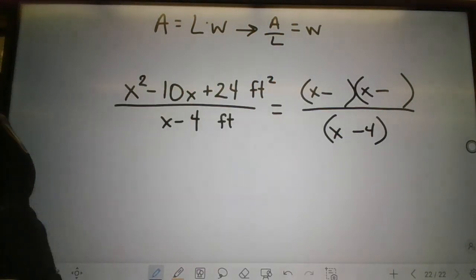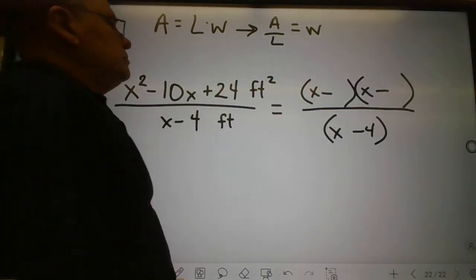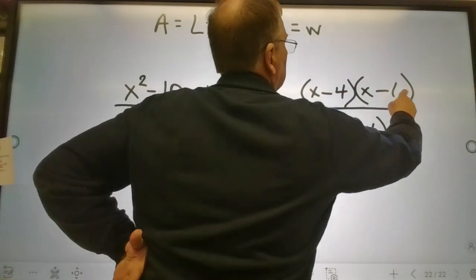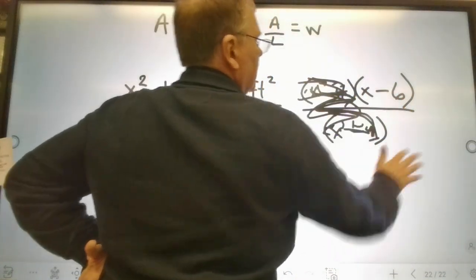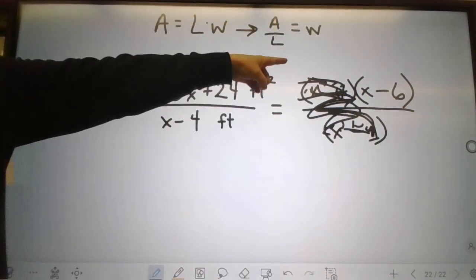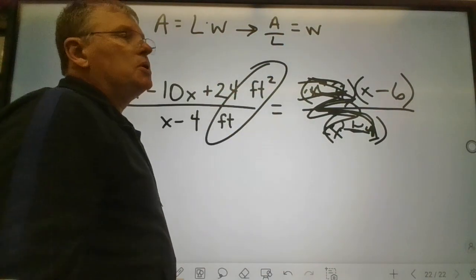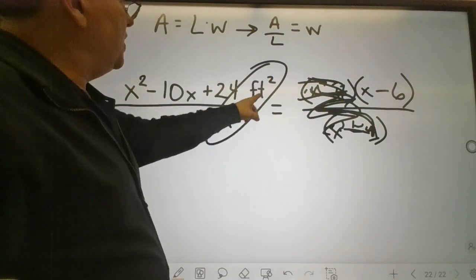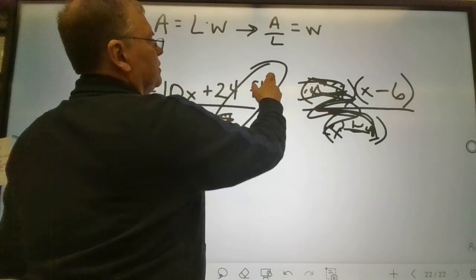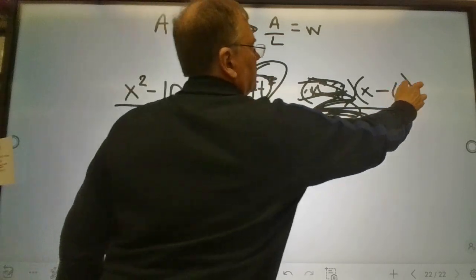How am I going to get a minus 10 in the middle? One will be a 4, one's going to be a 6. And sure enough, cancel out. And so my width has to be an x minus 6. And here's my label. Take a square feet and divide by feet. Feet for a label.